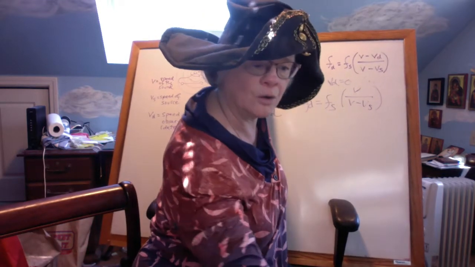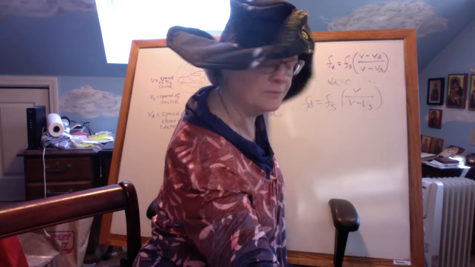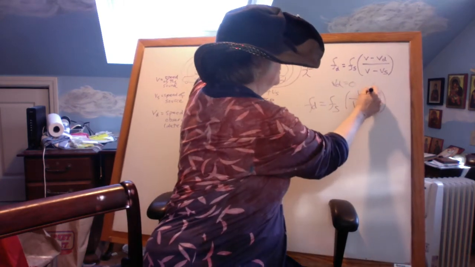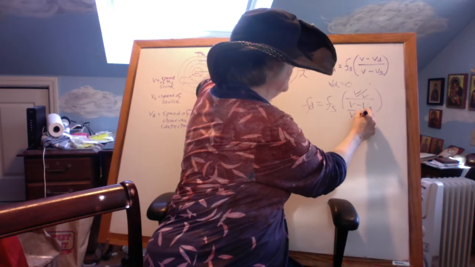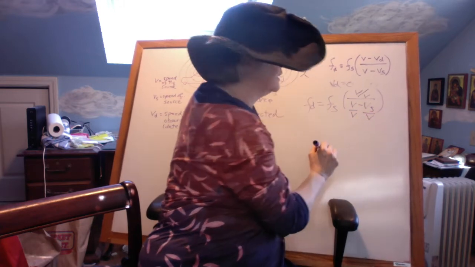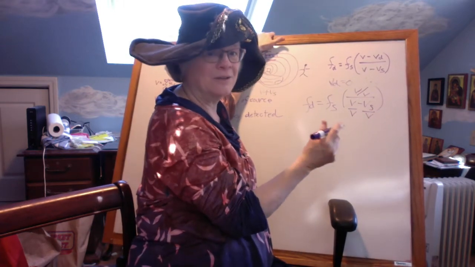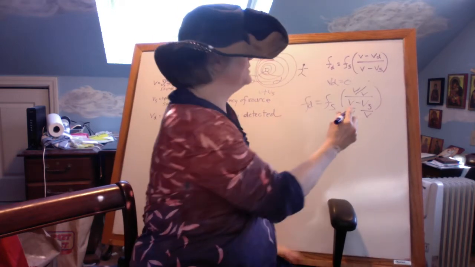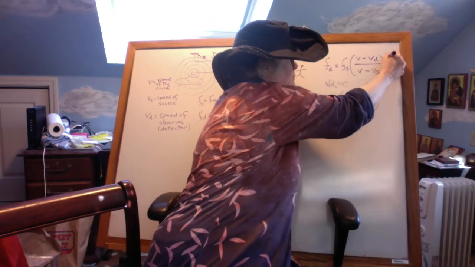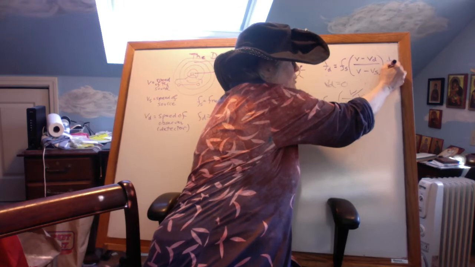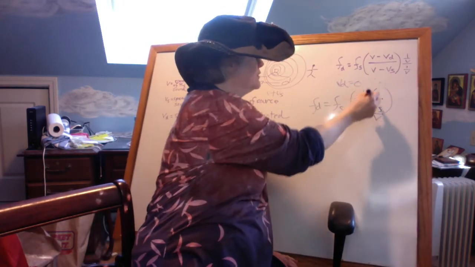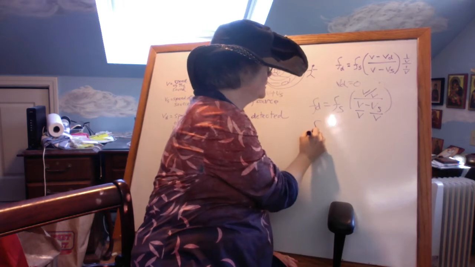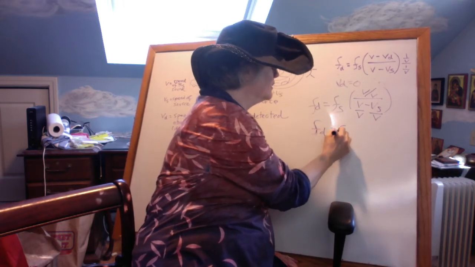Well, we could divide the whole thing through by v. It's an algebra thing. We multiplied this whole thing by 1 over v over 1 over v. So now v over v is 1. Here I have the frequency of the detector, frequency of the source.